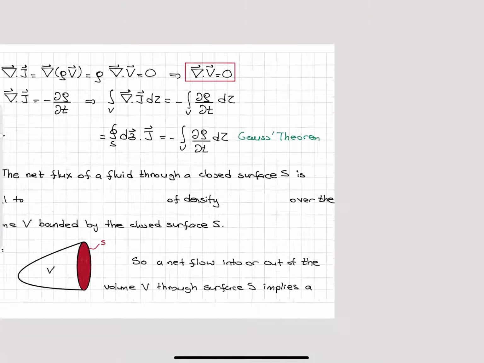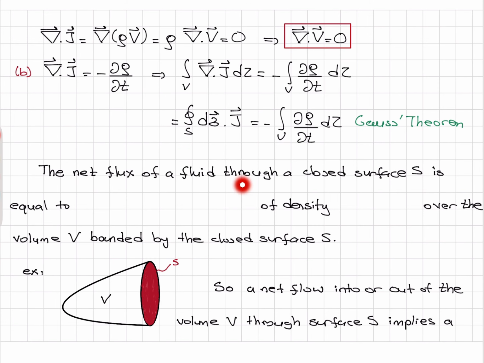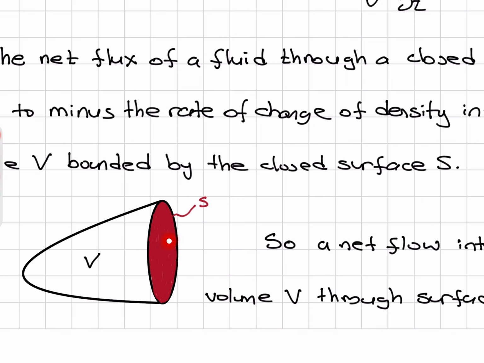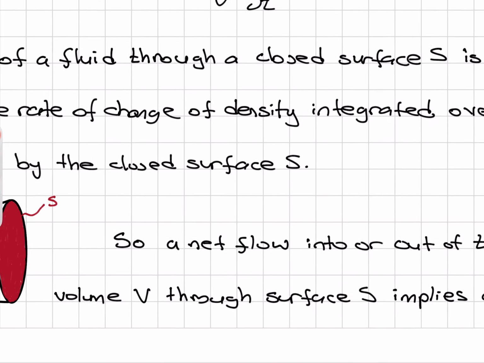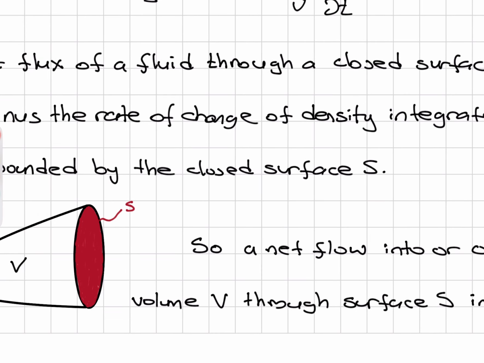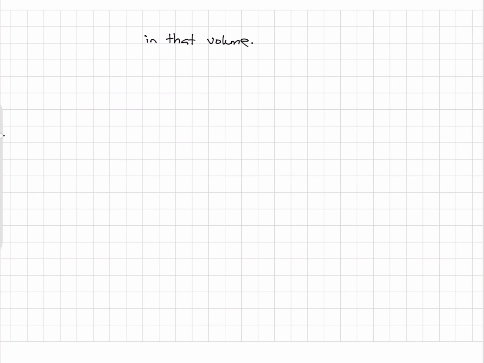All right. So what does it say? The net flux of a fluid through a closed surface S is equal to minus the rate of change of density integrated over the volume V bounded by the closed surface S. For example, this is our volume V, which is bounded by a closed surface S. So a net flow into or out of the volume V through surface S implies a change of density in that volume.